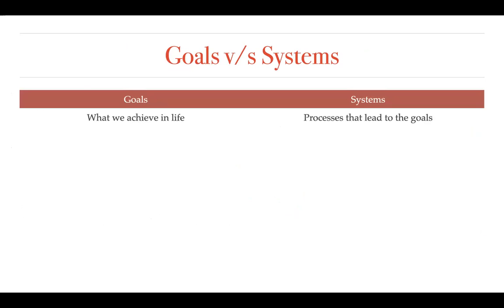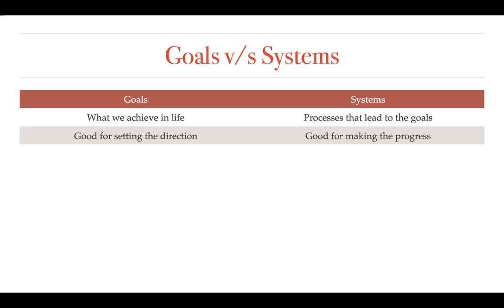Goals are what we achieve in life, but systems are the processes that lead us to those goals. Goals are good for setting the direction: systems can tell you how to move, but if you don't know which direction to move, you will be directionless. Systems guide you how to move, and goals tell you in which direction to move.